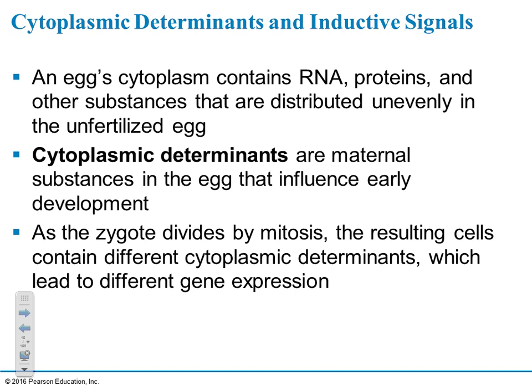What the mom's egg cell has is DNA, RNA, proteins, etc., that are floating around and not evenly spread out. Some sides might have more of one, more of the other. These are called cytoplasmic determinants, and they are going to be some of the things that set the stage for different areas getting different types of cells.